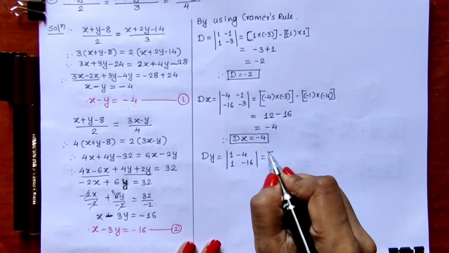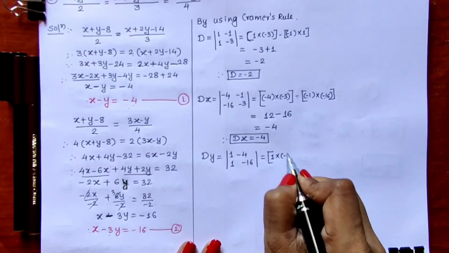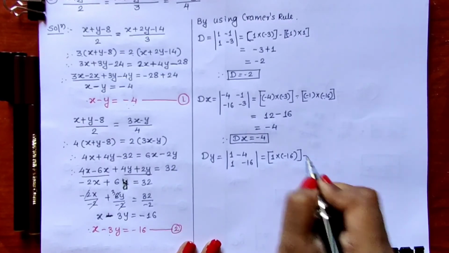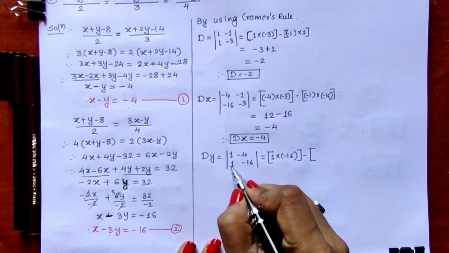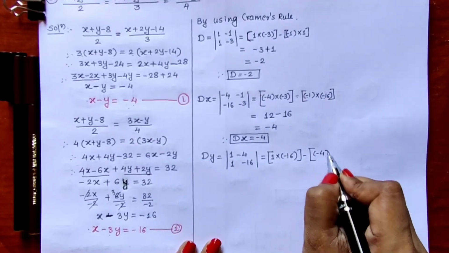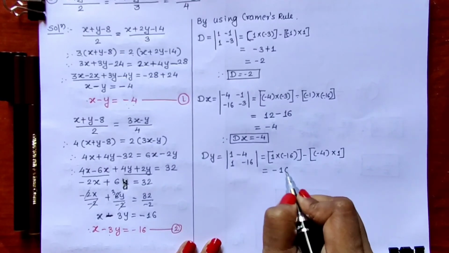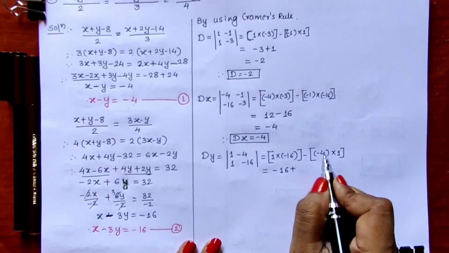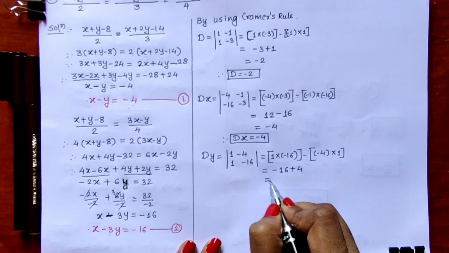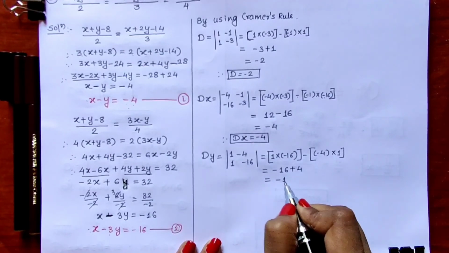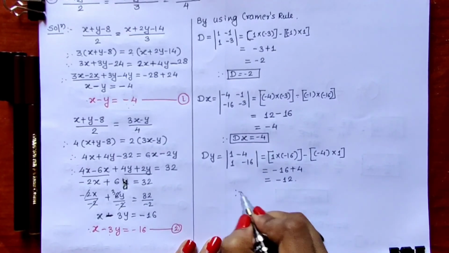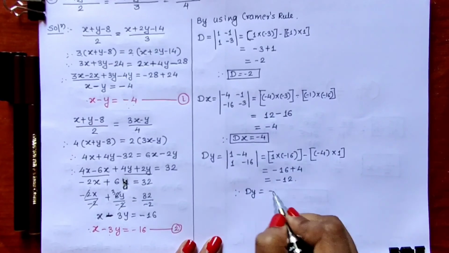It will be 1 into minus 16 minus 4 into 1. So it will be minus 16. Minus minus plus, 4 ones are 4. Minus 16 plus 4 will be minus 12. So Dy is minus 12.